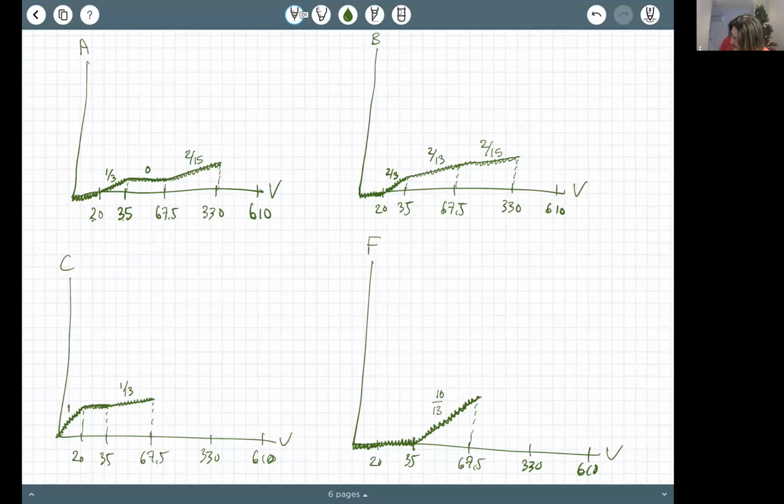Same thing, this slope falls slightly to 1 over 15. And then this falls to 10 over 15 million.